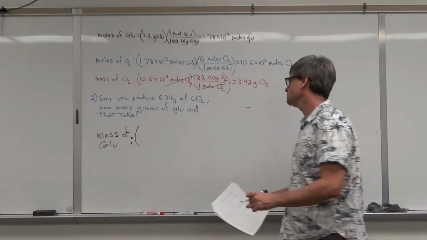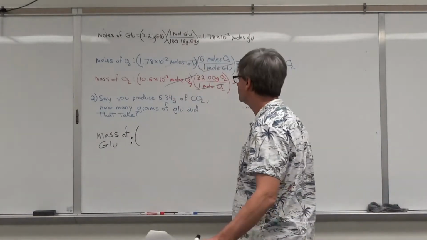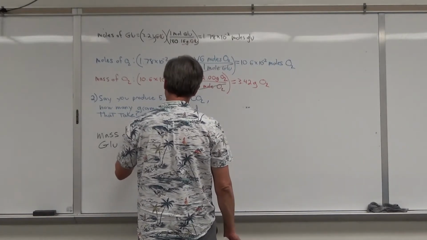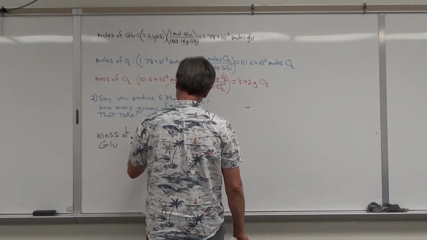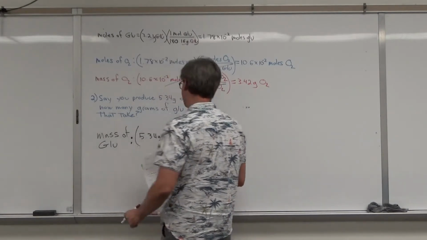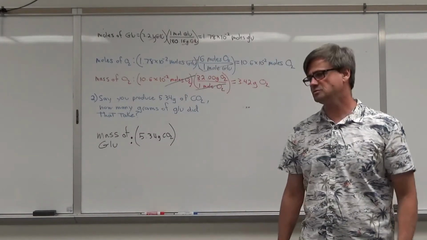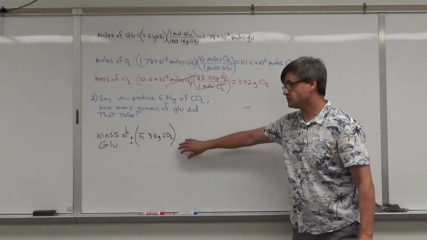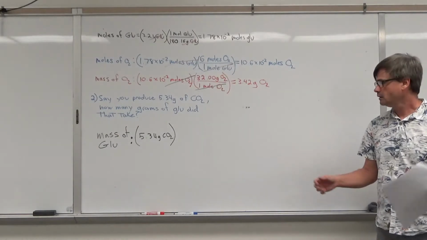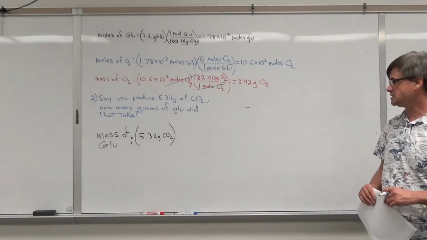Start with a discrete thing that you're given. Given 5.34 grams of carbon dioxide. All right, so 5.34 grams of CO2. What do I multiply next by? First of all, these dimensional analyses that we generate, there isn't only one correct one, okay? There are multiple ways you can set them up.